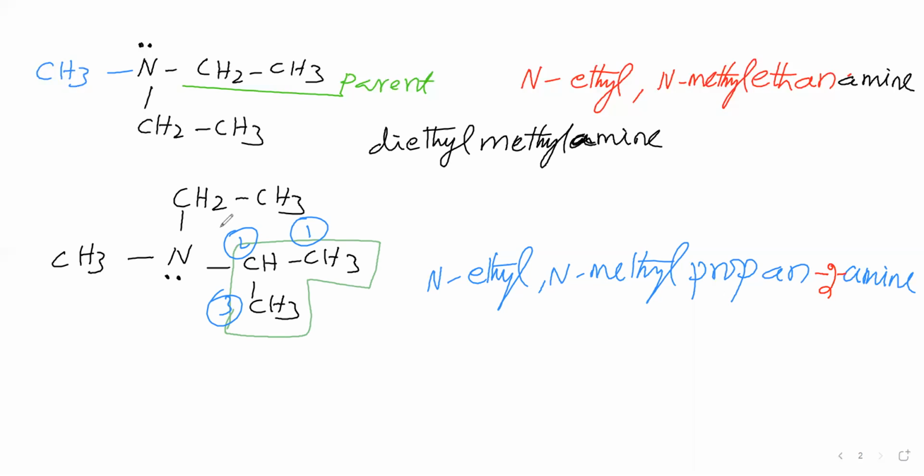If many functional groups are there, then how to say? One functional group should be treated as the main functional group, that is written as the secondary suffix. The remaining functional groups have to be treated as substituents, and that name we have to write as a prefix.